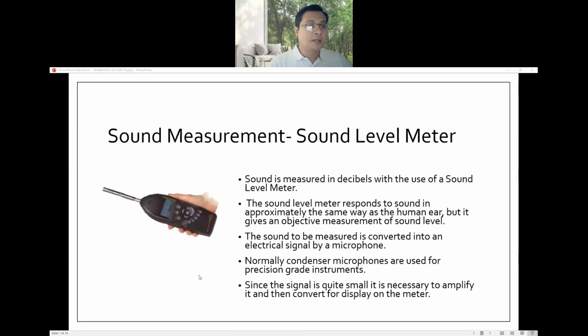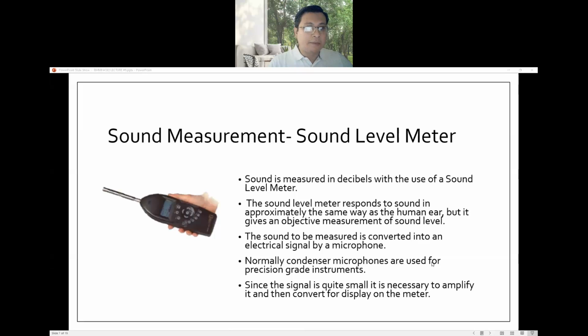On the screen we can capture the level in dB, because the sound level meter uses dB. The sound to be measured is converted into an electrical signal by a microphone. Normally, condenser microphones are used for precision grade instruments. So this is for an accurate number.